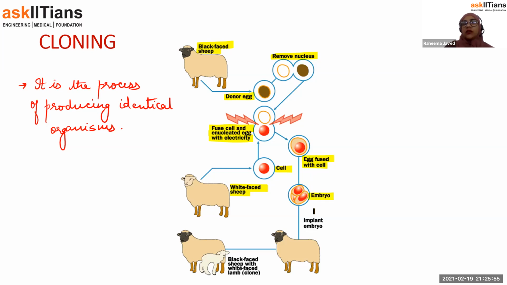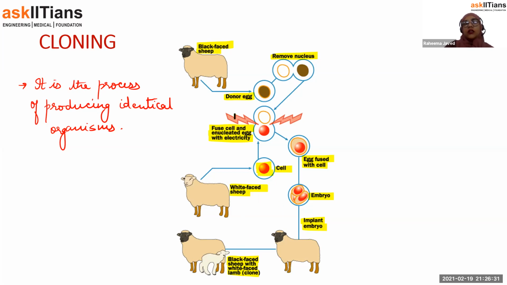This was induced to form an embryo, and this embryo was implanted into another black faced sheep, which acted as a surrogate mother. And a black faced sheep with a white faced lamb, that was a clone of the white faced sheep, was produced. So the clone of which sheep is produced here? The white faced sheep, because its nucleus was used for the production of the embryo.